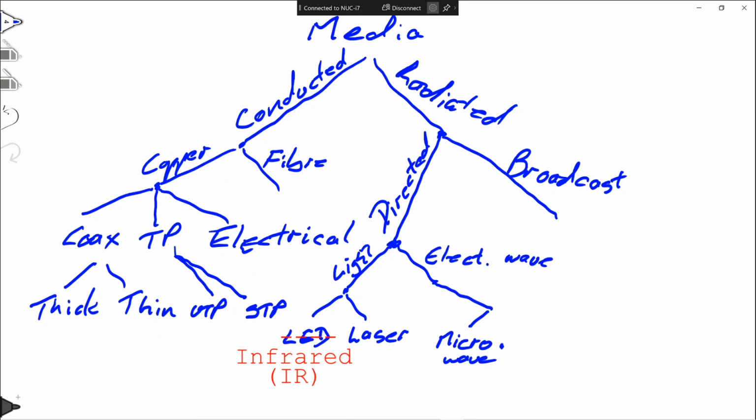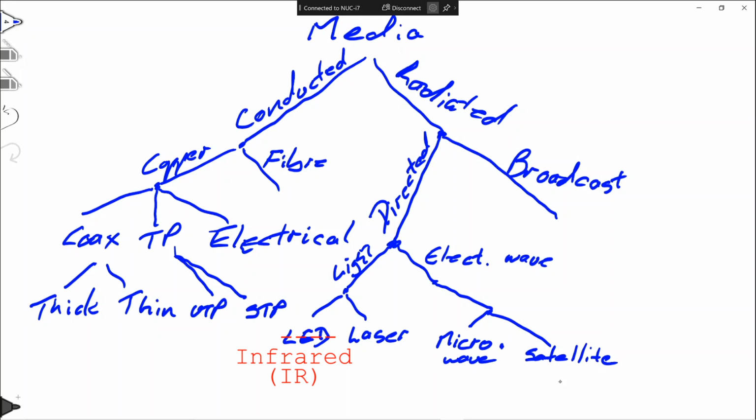Also, and then to some extent, if we put satellite in here, then satellites tend to use microwave, so perhaps it would have been better to have classified satellite in terms of earthbound, or microwave in terms of earthbound and satellite. But this is not intended to be a definitive taxonomy, so this is good enough for our purposes.